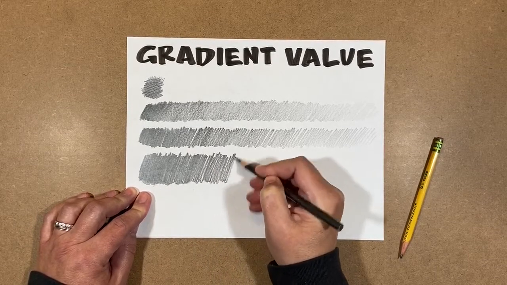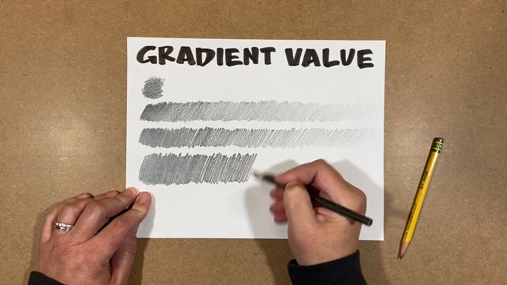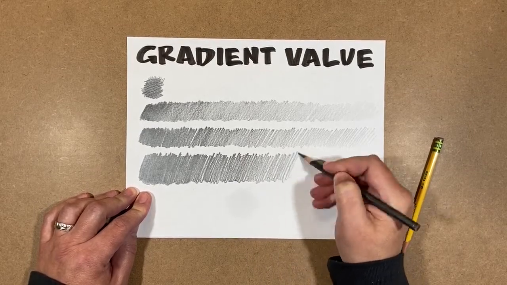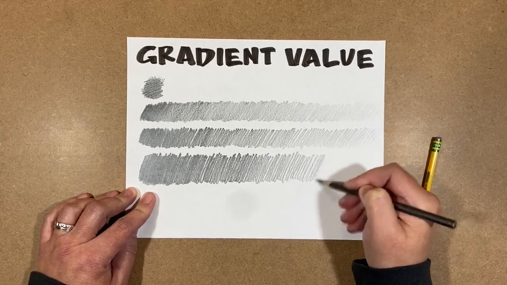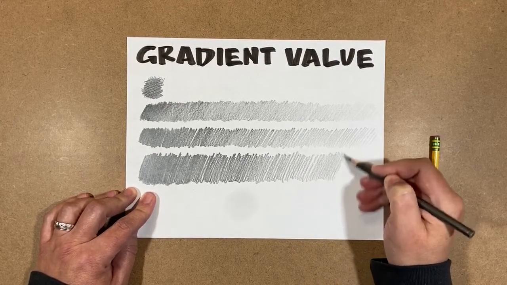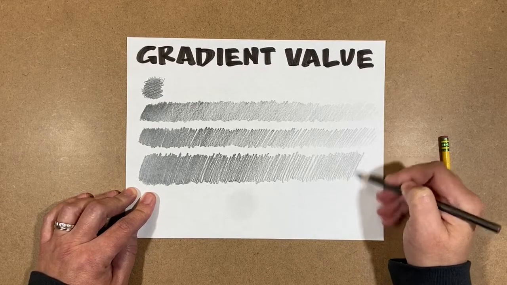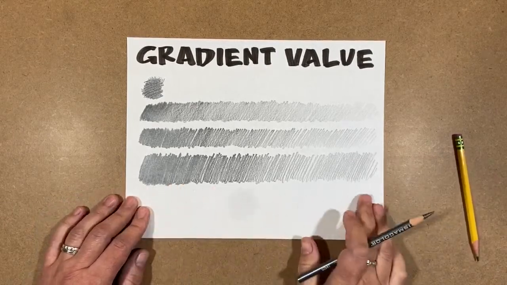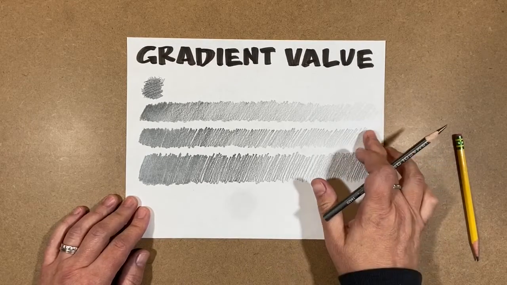I'm just showing you there are different kinds of pencils where the graphite is just a little bit darker. Like when I get to here, it's still not as light as right there.